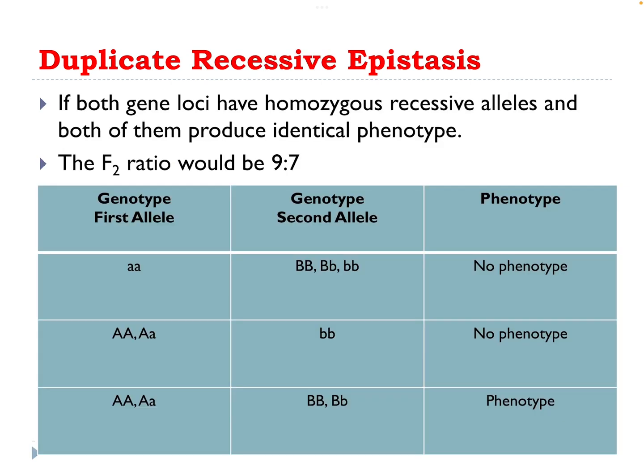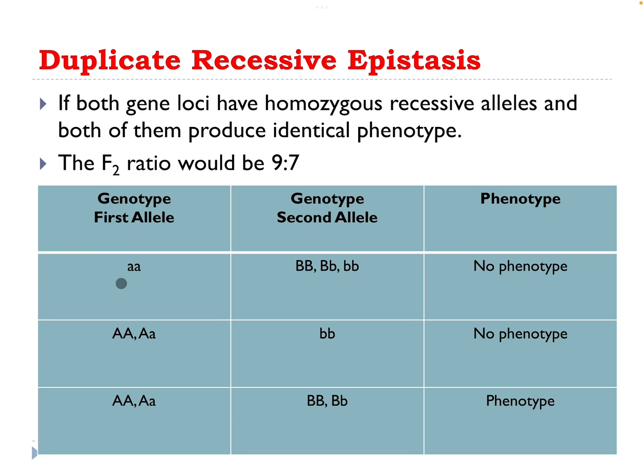Another type is the duplicate recessive epistasis. This is when both gene loci have homozygous recessive alleles and both of them will produce an identical phenotype. So the ratio will be 9:7. Here, you will have no phenotypic expression because there is the presence of the recessive trait.